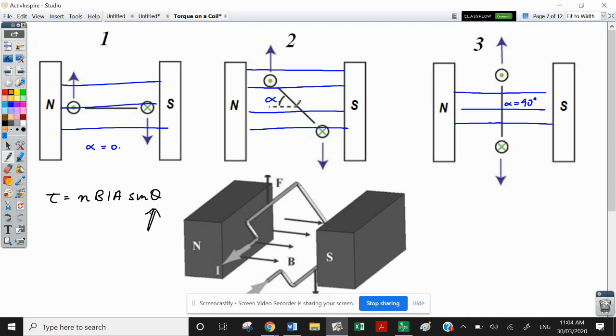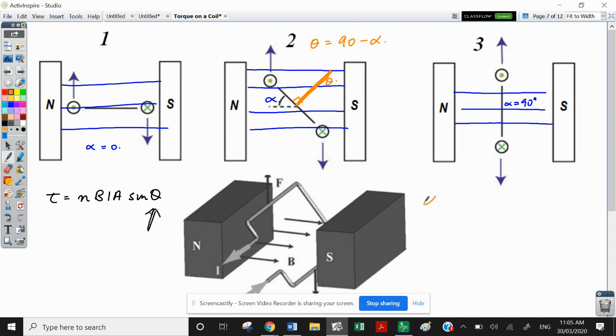So what we're going to find is that theta is formed as the angle between the normal to the plane and the field. So there's theta there. So theta would equal 90 minus alpha. Theta is the angle between the normal and the field, and alpha is the angle between the plane of the coil and the field.